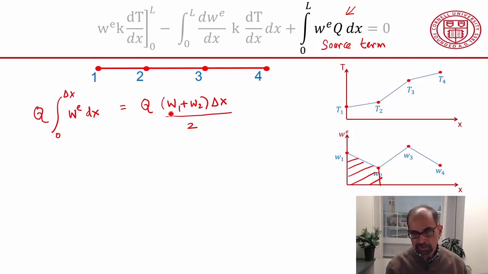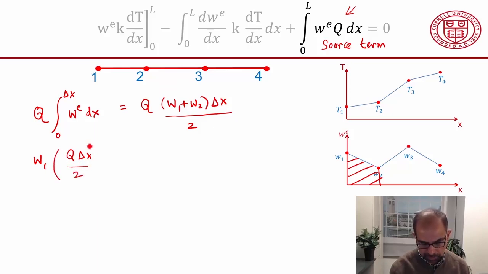And I can split this into the part that depends on w1 and w2. The part that depends on w1 is going to be q delta x over 2, and the part that depends on w2 is also going to be q delta x over 2.